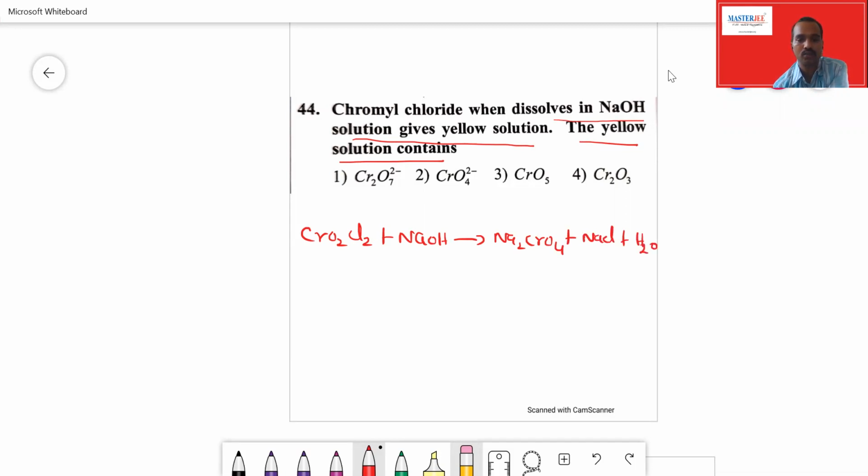If you balance this equation, it is 2CrO2Cl2 plus 4NaOH gives Na2CrO4 plus 2NaCl plus 2H2O. Now, what is the yellow colored compound that forms here? This is the yellow colored compound that forms, sodium chromate. Okay, next question.